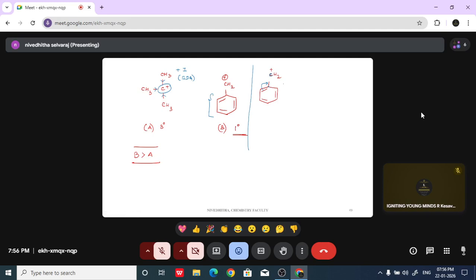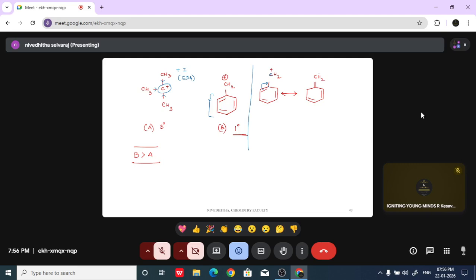So what will be the next structure? I'll be having the same 6-membered ring. I have one pi bond here and one pi bond here. Now this bond was transferred. Already I have one chemical bond. Now I got one new chemical bond between these two carbon atoms and carbon with 2 hydrogens.